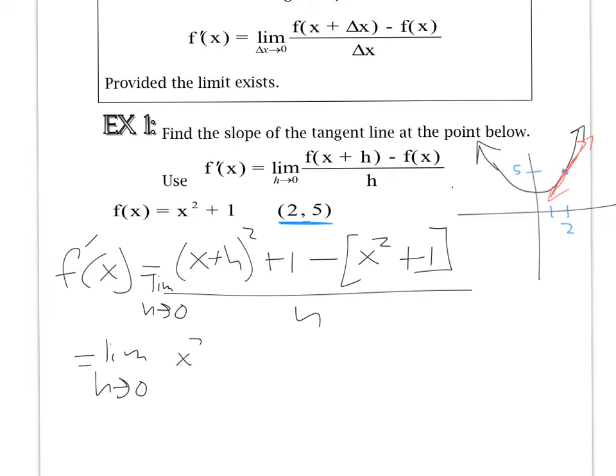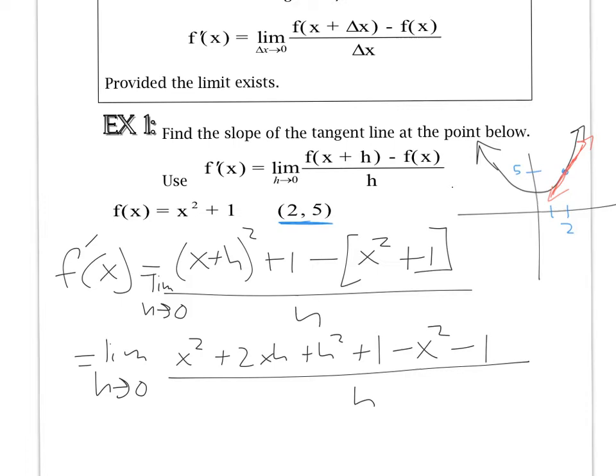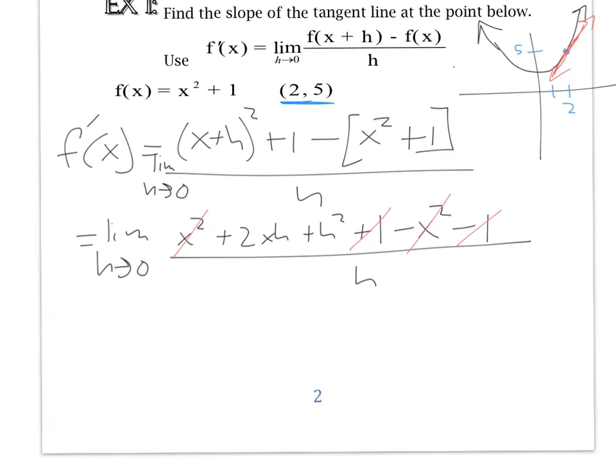This would be x squared plus 2xh plus h squared plus 1. And let's distribute that negative. It would be minus x squared and minus 1 all over h. Beautiful. We get an x squared minus an x squared. We get a positive 1 and a negative 1. And we can rewrite this in a simplified fashion. We could say that this is the limit as h approaches 0.